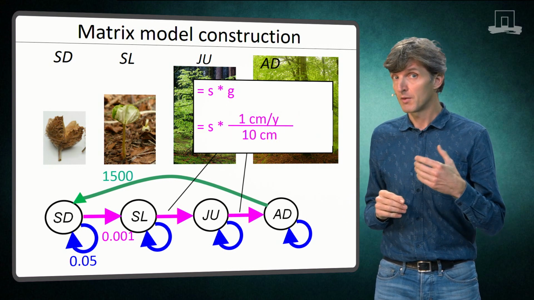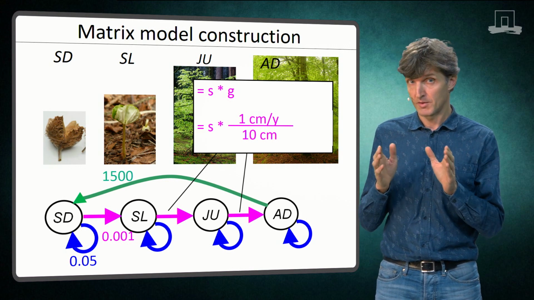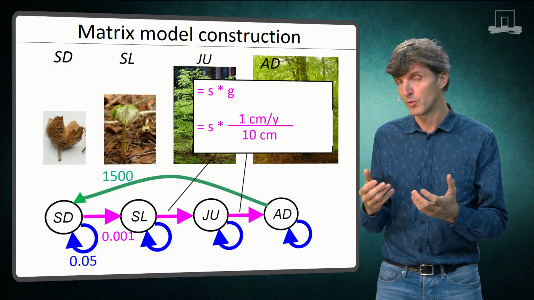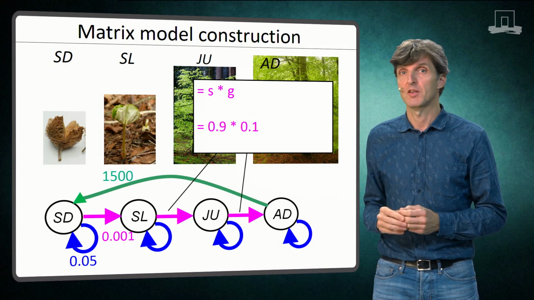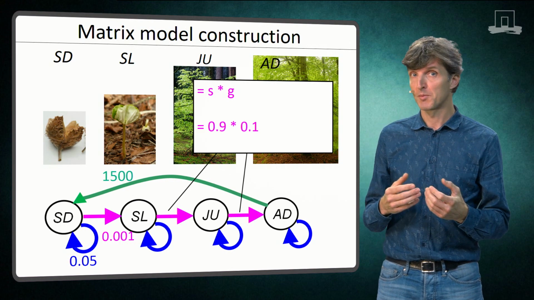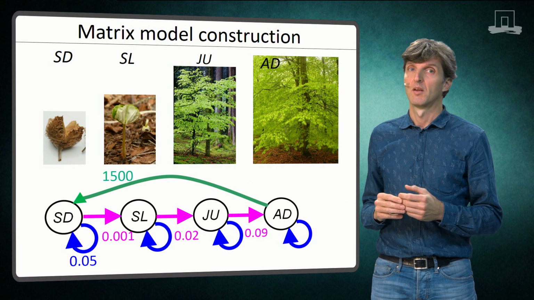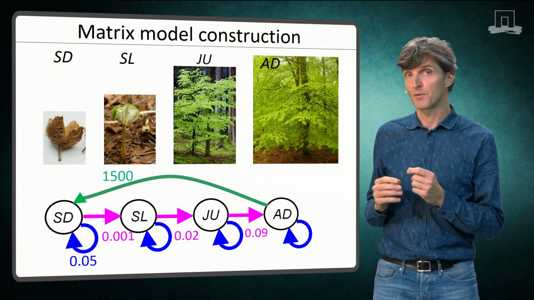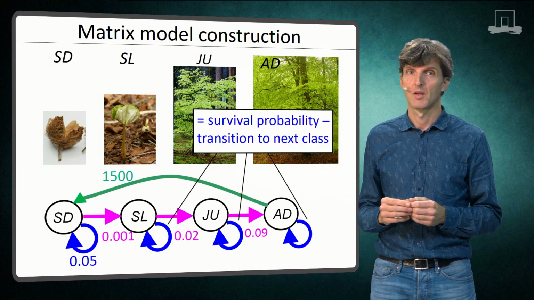If juveniles grow at a 1 centimeter rate in diameter per year and the class is 10 centimeters wide, G equals 0.1. Multiplied with 90% survival, this results in a transition probability from juveniles to adults of 0.09. And using a similar logic, we get a value of 0.02 for the seedlings to juvenile transition.